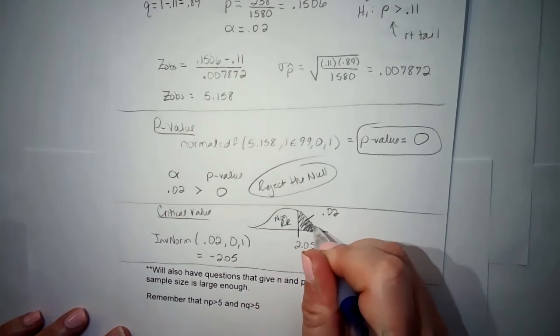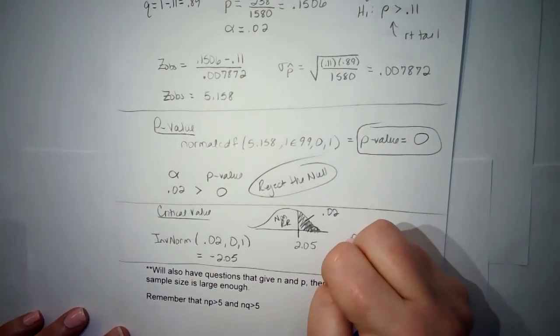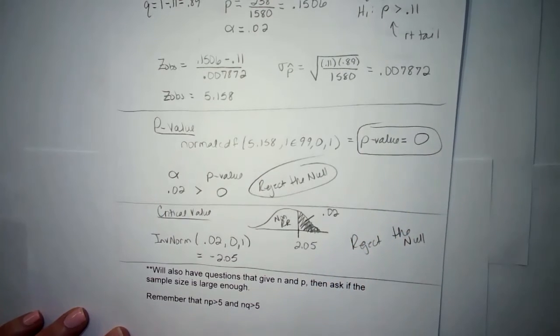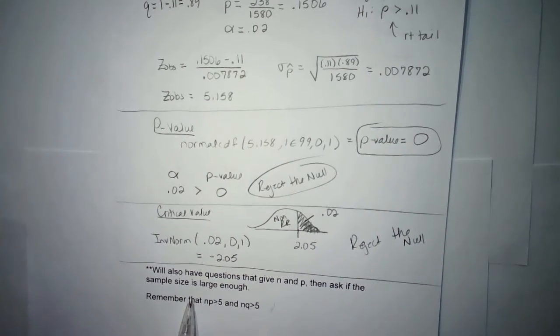He's out in here, right? So again, I'm going to reject the null. And then don't forget about this little beauty down here. Remember, n times p does have to be greater than 5, and n times q does have to be greater than 5.